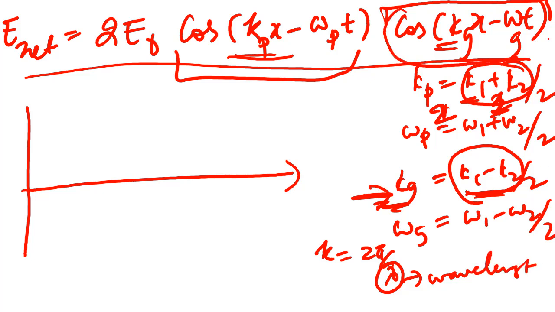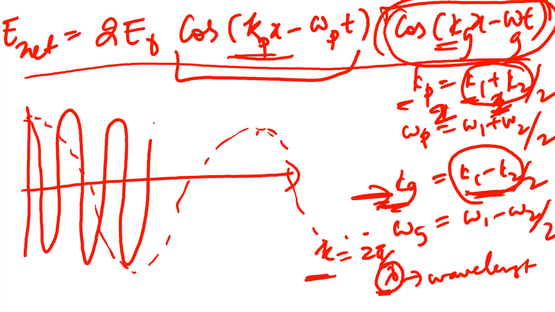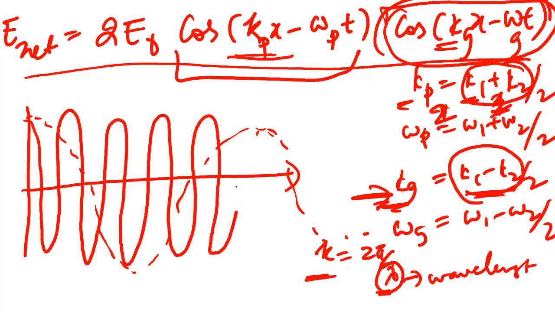So for this kg, you would have a longer wavelength. So I could draw this something like that. And for this kp, it's a larger number, so the wavelength is shorter, so it would be something like this. Shorter wavelength.